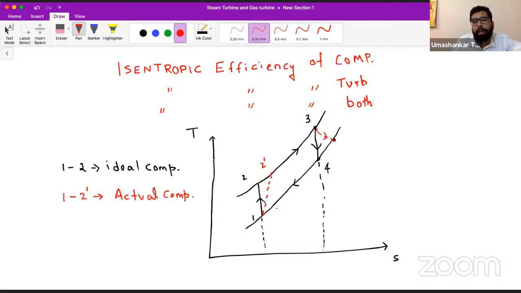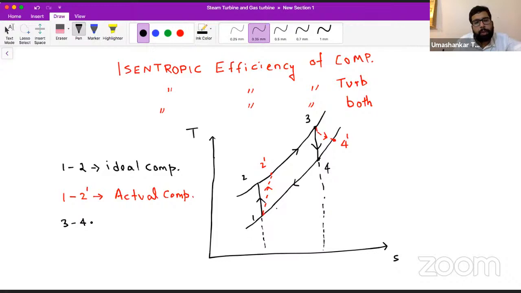Remember my words, it will give you losses. So irreversibility will increase, so entropy will increase. So if the entropy is to increase from 3 to 4, we will have our 4 dash somewhere here, like this. So 3 to 4 is our ideal expansion.